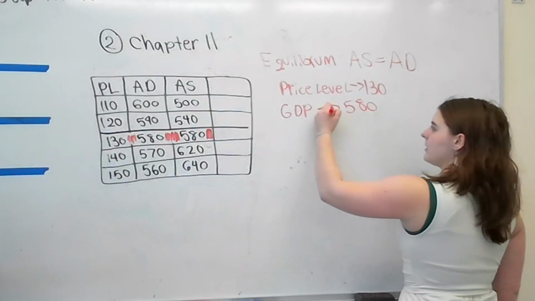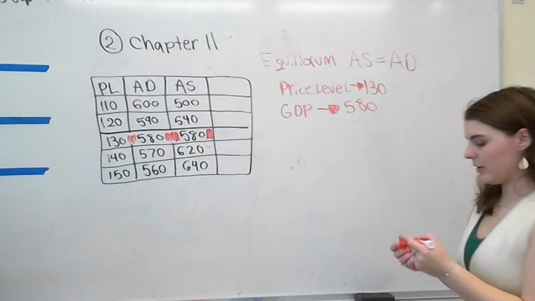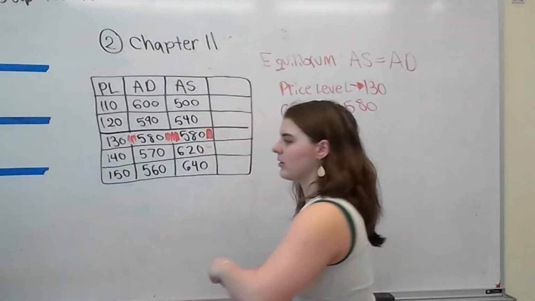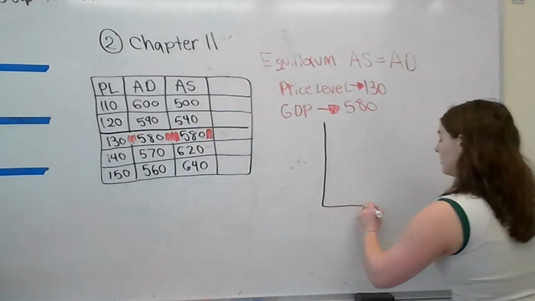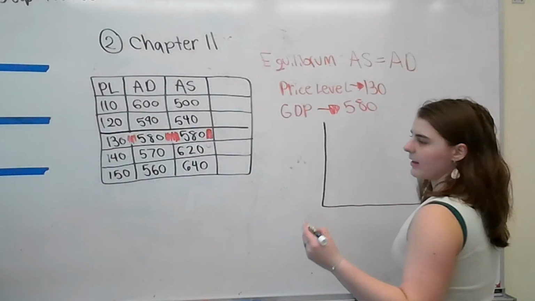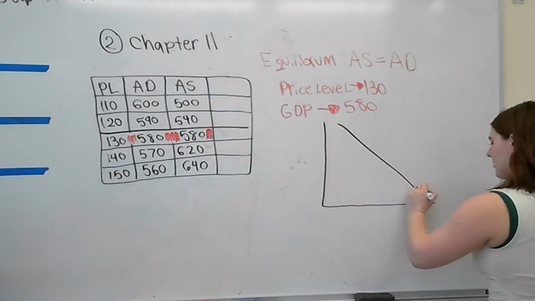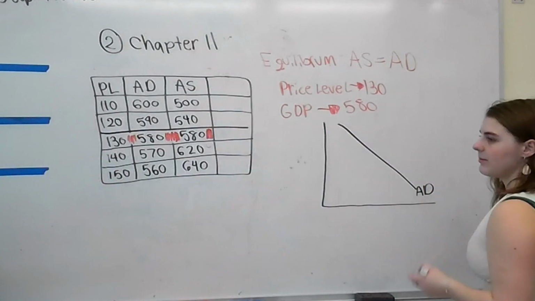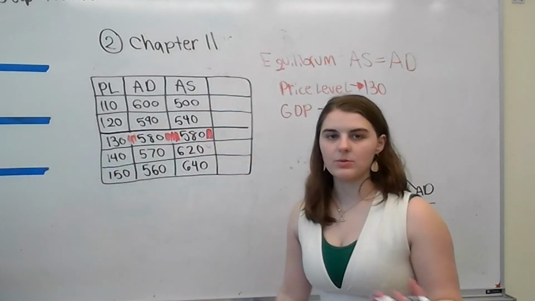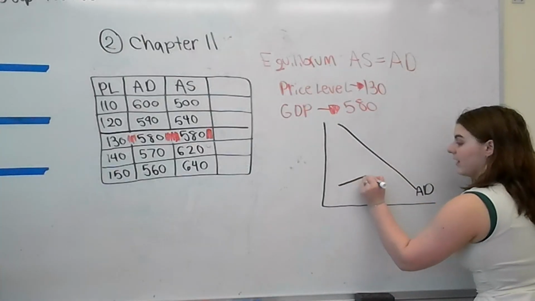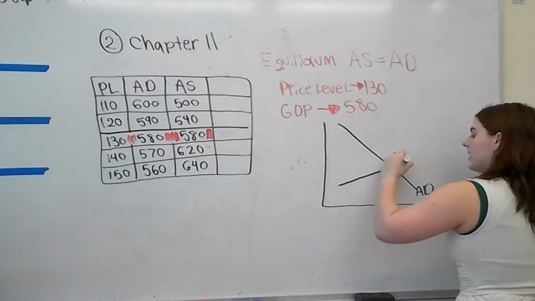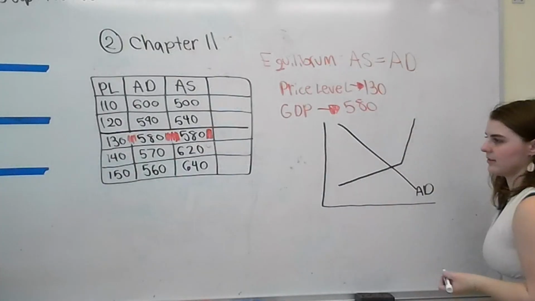So if we remember equilibrium, that means we should also be able to remember when we graph something like this, it is going to be where our two lines cross. So we don't have to be super specific with our graph. Big thing, demand, that downward slope, right? Our aggregate demand stays the same. The one thing we'll notice, if you plot these out perfectly, is that supply is going to have that kind of Keynesian flatness, and then it's going to get steeper as we hit more of a neoclassical.